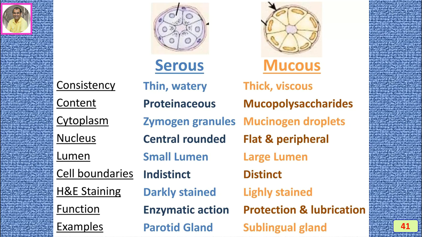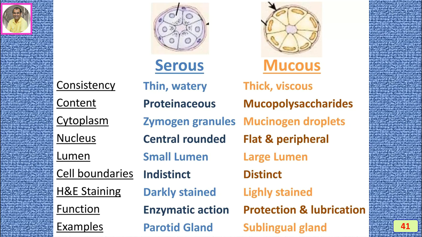Cell boundaries are indistinct, not very well defined, whereas the mucus secreting cells have a very specific type of boundary. In H and E staining, serous cells are darkly stained, whereas mucus secreting cells are lightly stained. The functions are enzymatic action, then protection, and also lubrication.